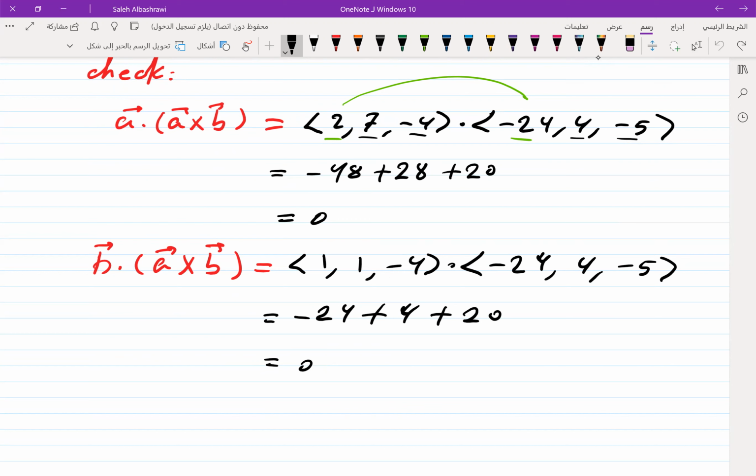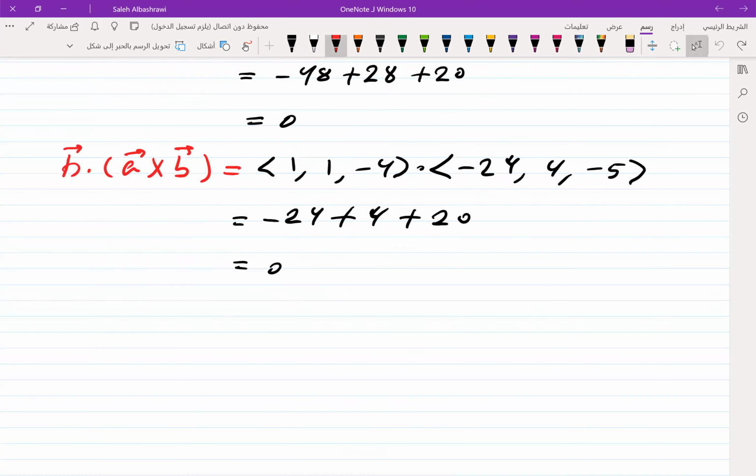Now, let's move to the next point, which is the magnitude of the cross product.